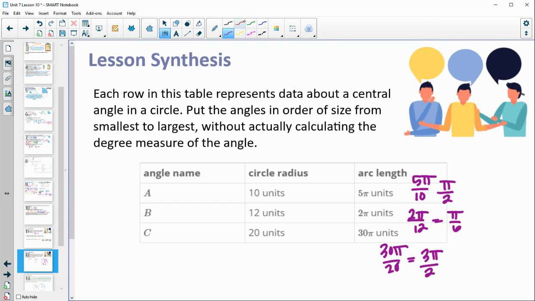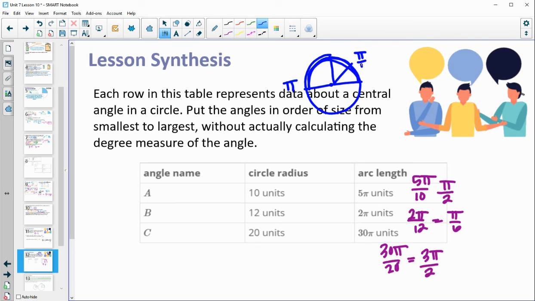If we think about what we just looked at on a circle, pi over 4 was a 45-degree angle. Pi gave us halfway around the circle.